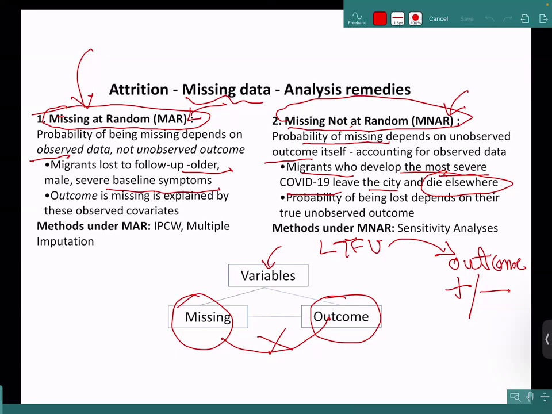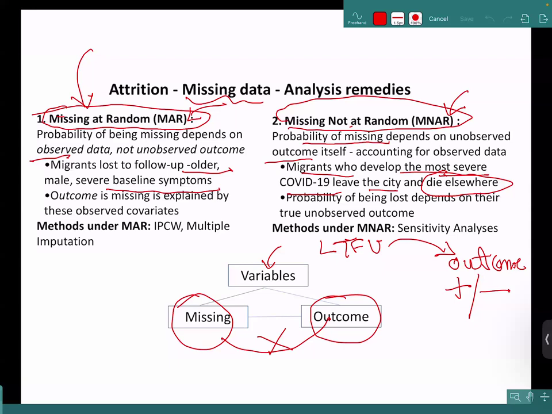So what we are saying is that there is loss to follow up. You should not just say loss to follow up. You should first tell what is the proportion of your sample who have been lost to follow up, right? Then you should also be in a position to say the reasons for loss to follow up, because there are a variety of reasons.